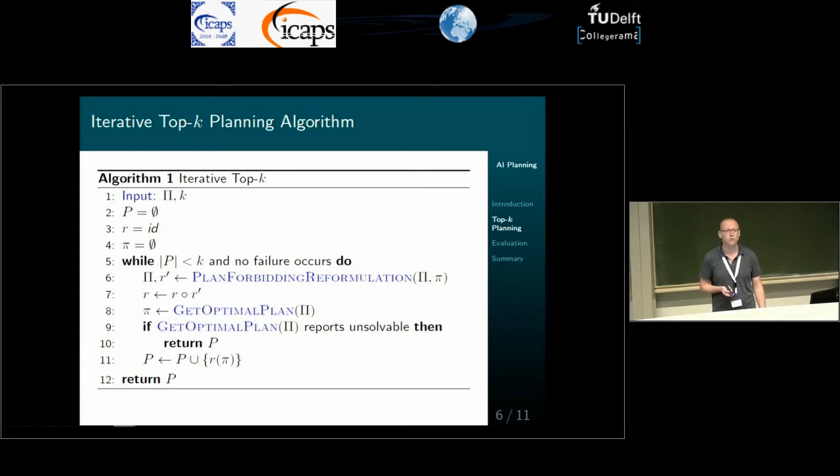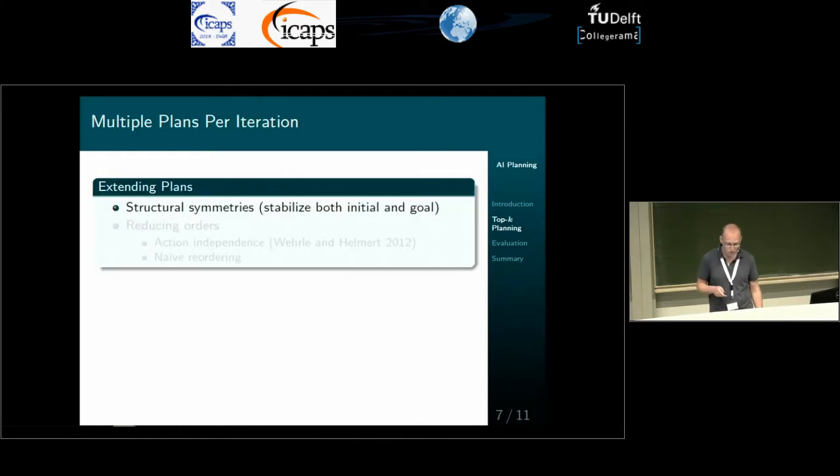Or if your optimal planner reports that the task is unsolvable, then you know that no other solutions exist. So we can get one solution after another, but we would like to get more, right? Given one solution that an optimal planner returns, we want a good way to quickly extend it to a set of solutions.